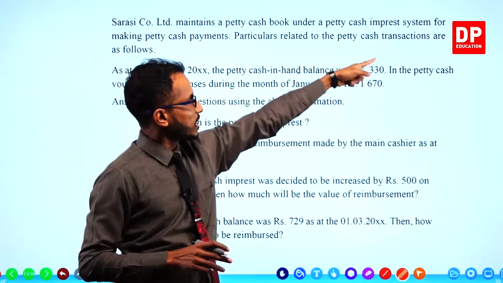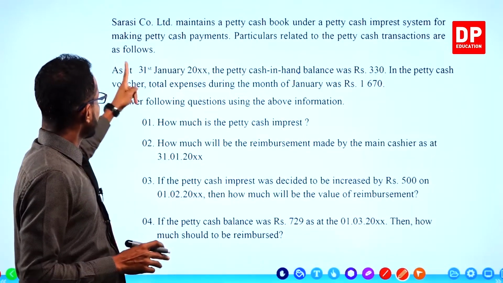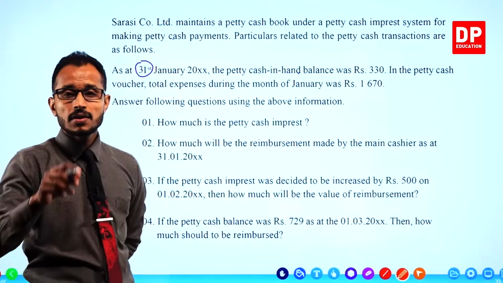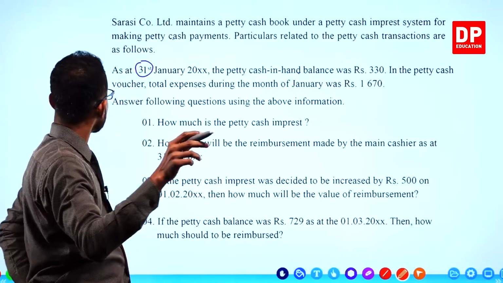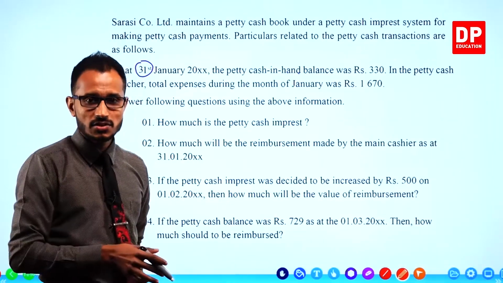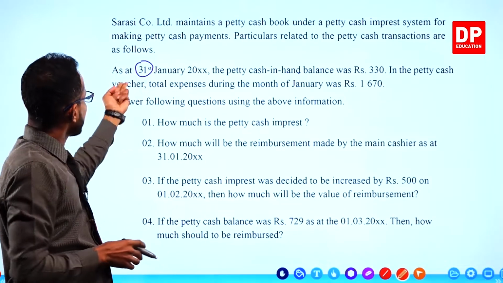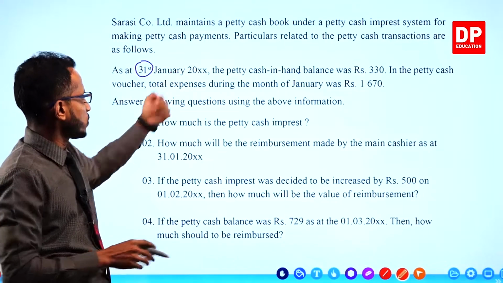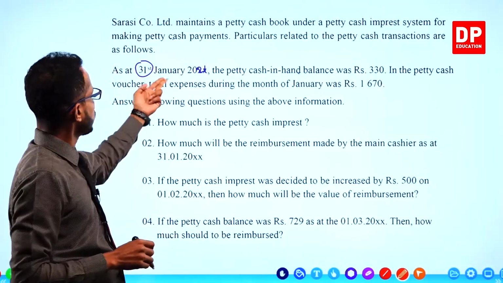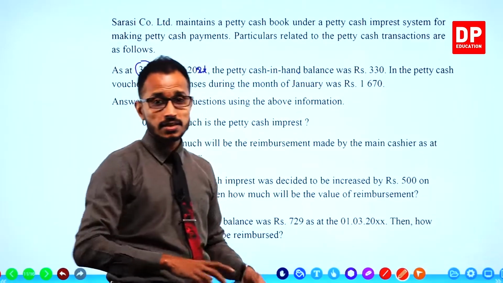As at 31st January, children, there is a small date confusion in your textbook. Arrange it in this manner. As at 31st January 2021, petty cash in hand was 330.